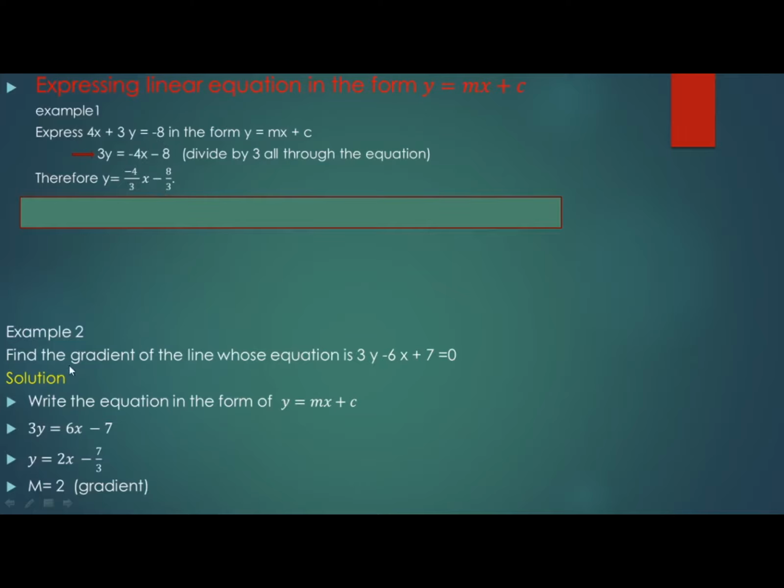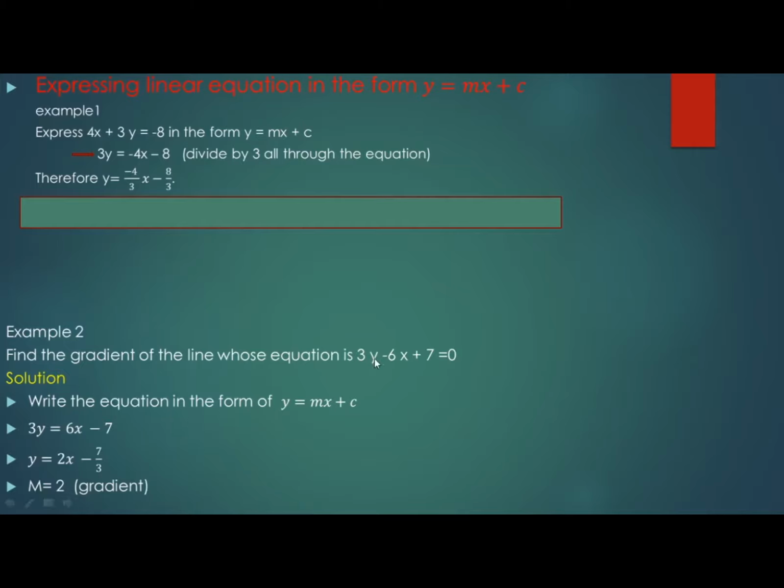Example 2, find the gradient of the line whose equation is 3y minus 6x plus 7 equals 0. So this one is all that we have been doing, like what we have done from above. What you do, you rearrange this in the form y equals mx plus c, and therefore you are able to give the coefficient of x, m, as the gradient.